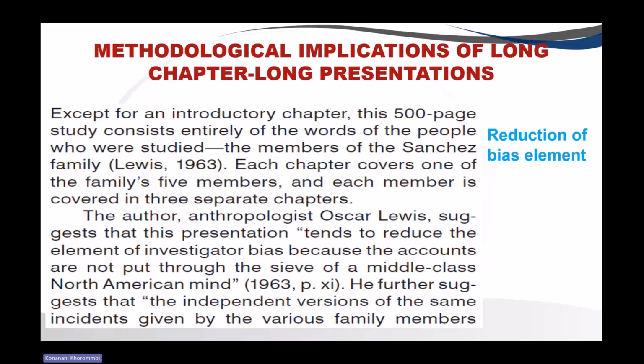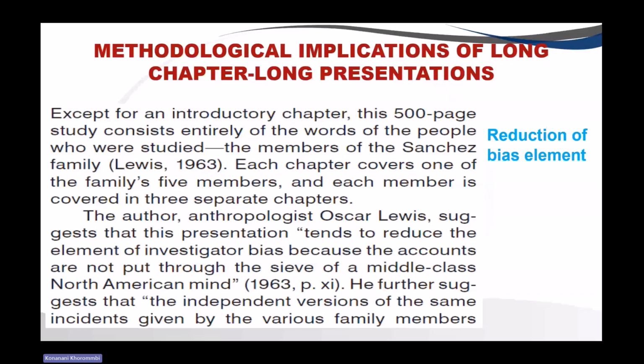Except for an introductory chapter, the 500-page study consists entirely of the words of the people who were studied, the members of the specific family. Entirely the words of the people who were studied. Each chapter covers one of the family's 5 members, and each member is covered in 3 separate chapters.